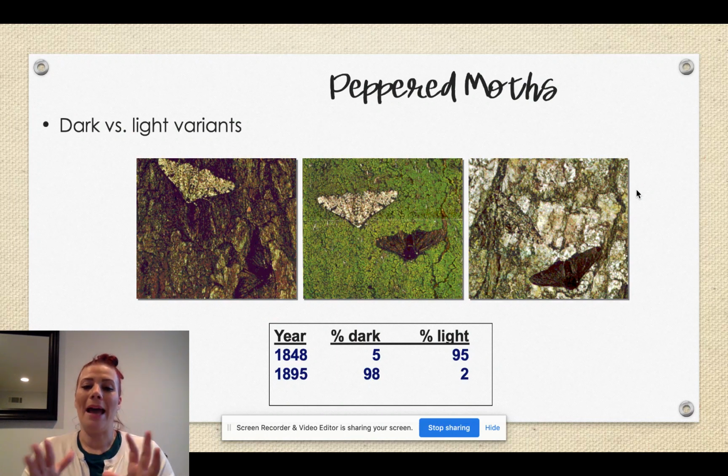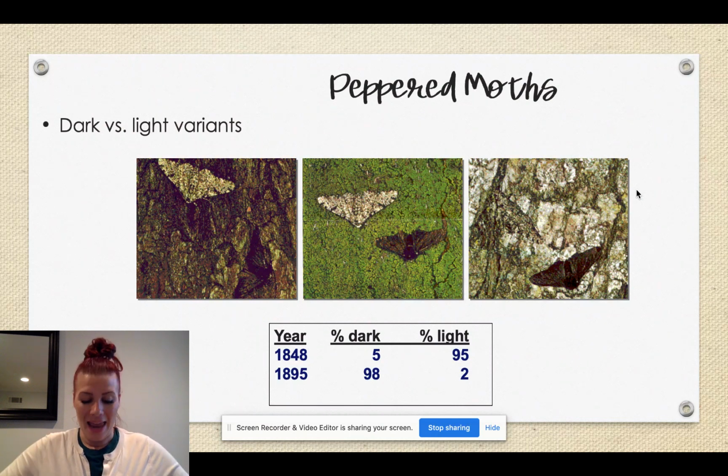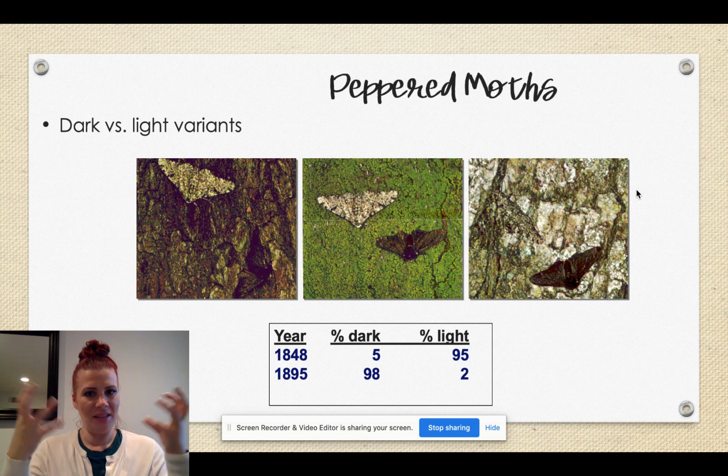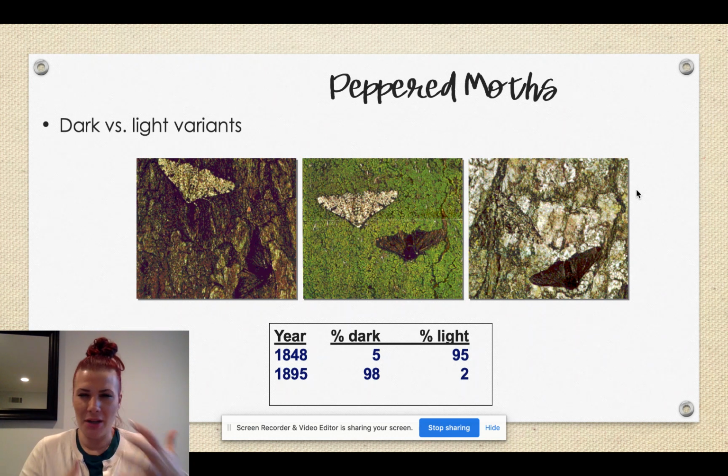So what happened? Well, the Industrial Revolution was like, hey, let's build a lot of things, let's make things. And all of that soot, that dark stuff released by burning all these fuels, caused a layer to form on the tree trunks.